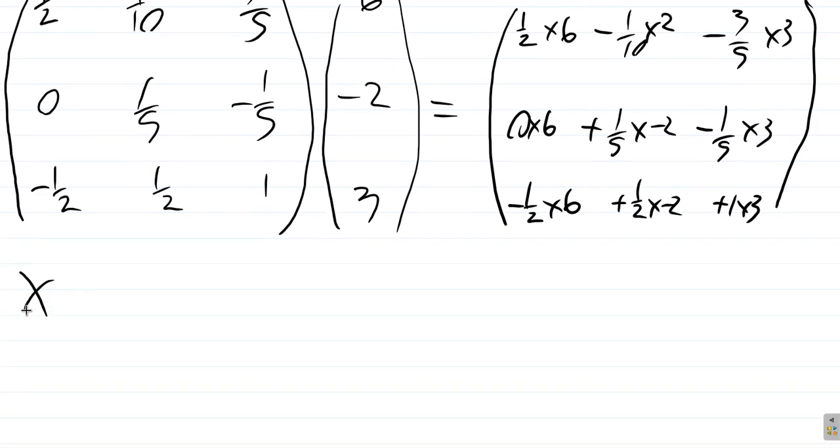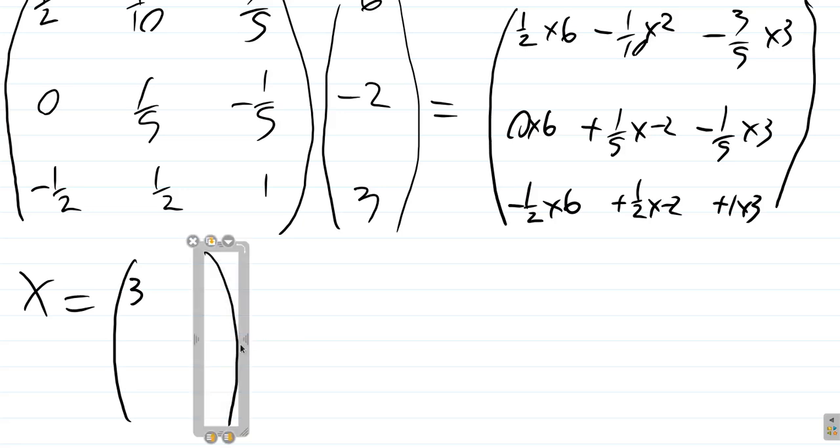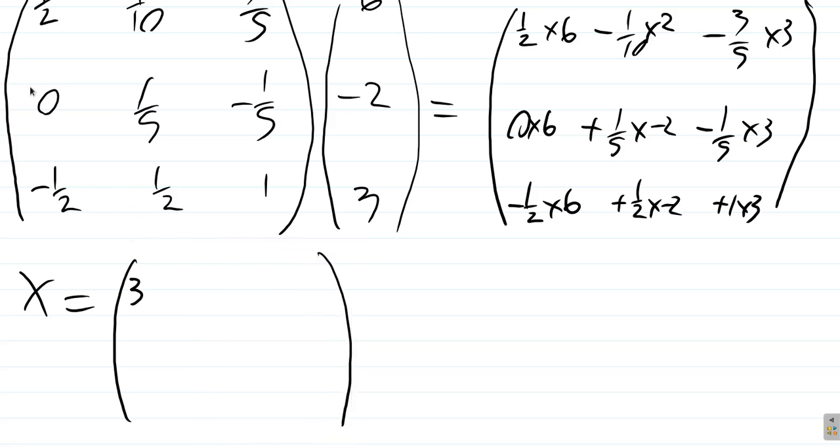So the X is going to be half by 6, which is 3, minus 2/10 is 1/5, minus 3 is 9/5.